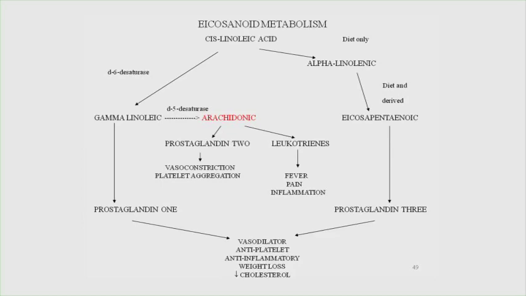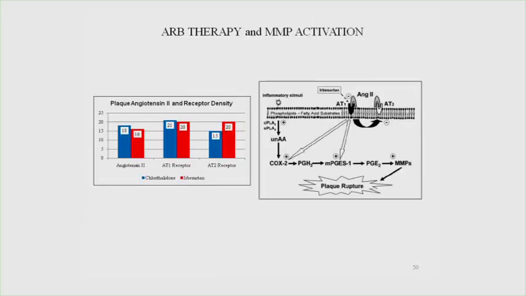and immune system upregulation. So the enzymes that convert arachidonic acid into matrix metalloproteinases are downregulated if we block the angiotensin receptor. If you have a lot of angiotensin 2 stimulating its receptor, those enzymes will be upregulated and you're going to make more matrix metalloproteinases.